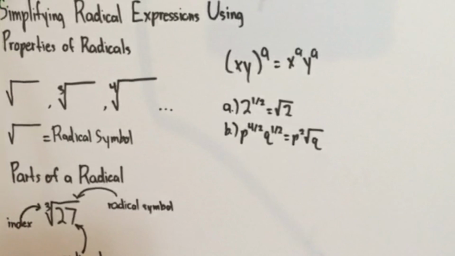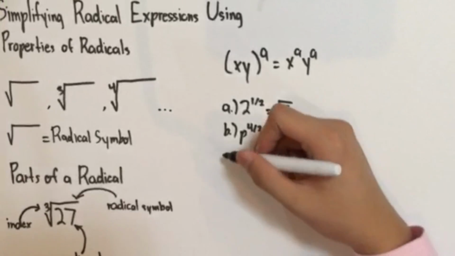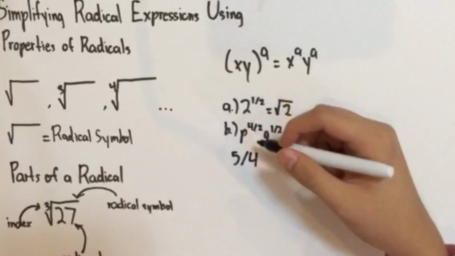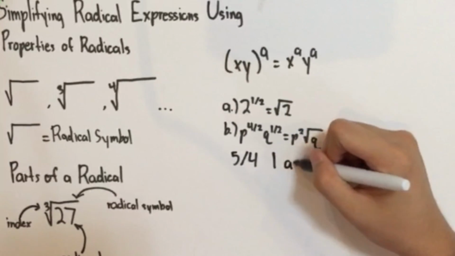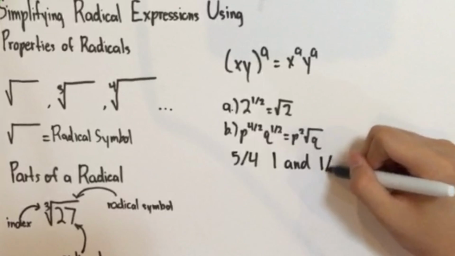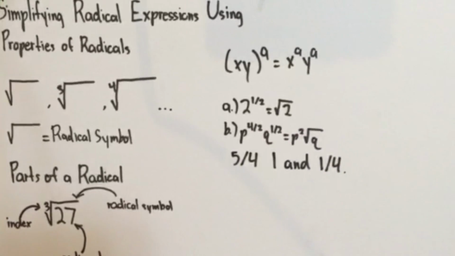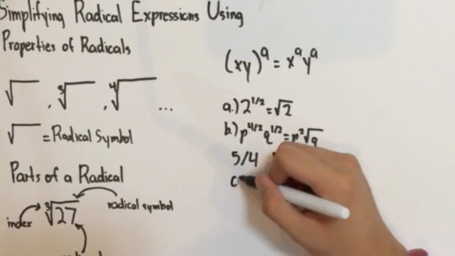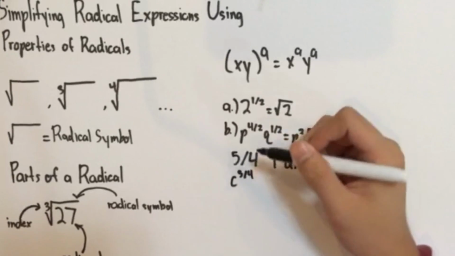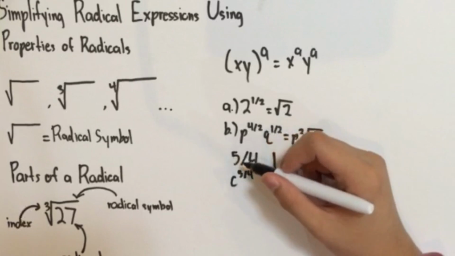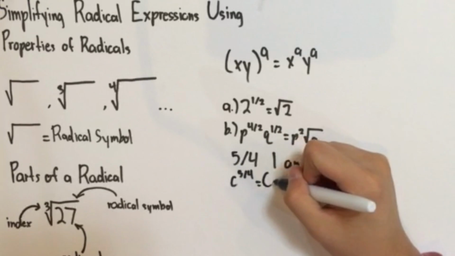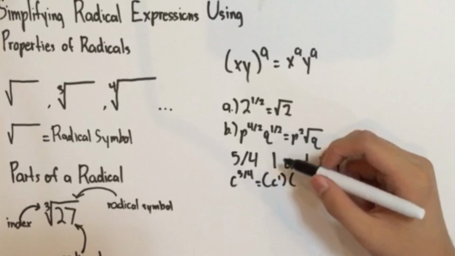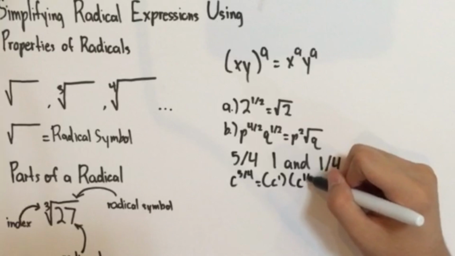Simplify all of the exponents first. 5/4 can also be 1 and 1/4. Therefore, c raised to 5/4 is equal to quantity c times quantity c raised to 1/4.